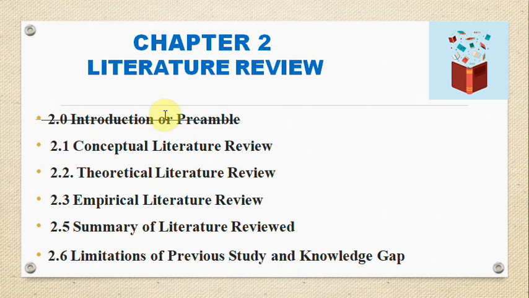Just wait, in the next slide, you'll see what is expected here. And then after that, you have the conceptual literature review, the theoretical literature review, the empirical literature review, and the summary of what you have reviewed so far, especially in theoretical and empirical. And based on that summary, you spell out what is called limitations of previous studies and knowledge gap.